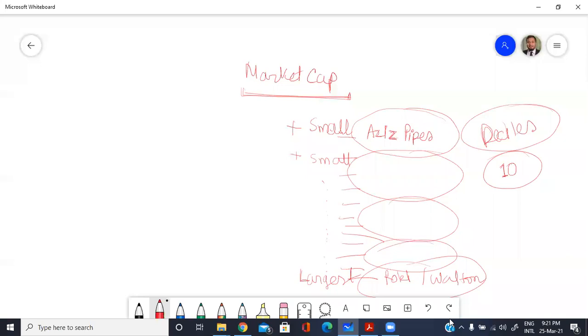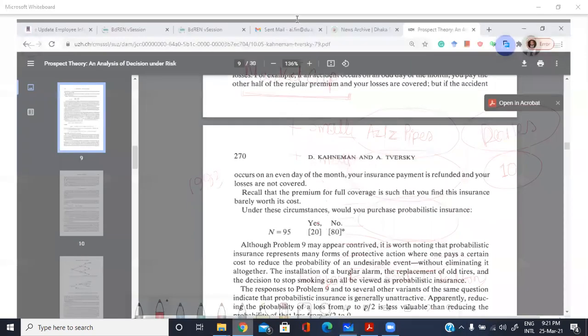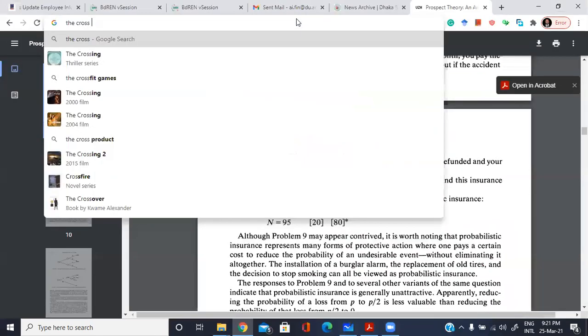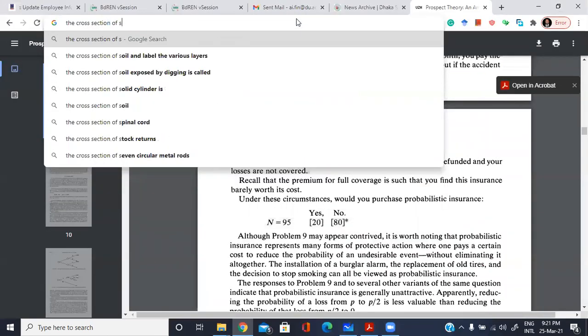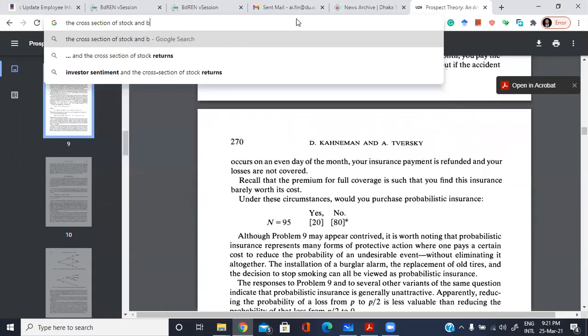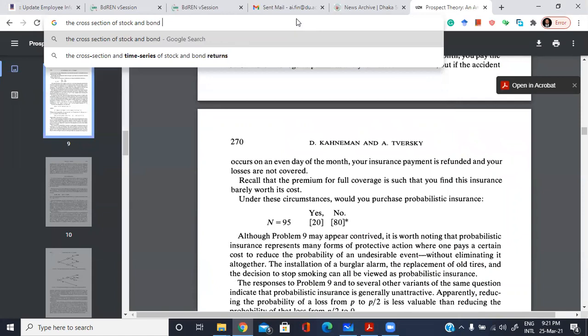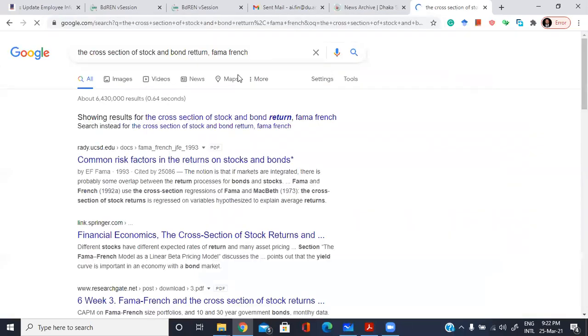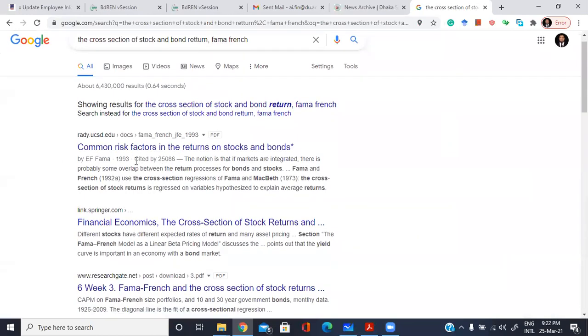Now it has been found by Fama and French in their 1993 paper, The Cross-Section of Stock and Bond Returns. If I want to show you the paper, this is the most seminal paper, Common Risk Factors. How many citations is it getting?